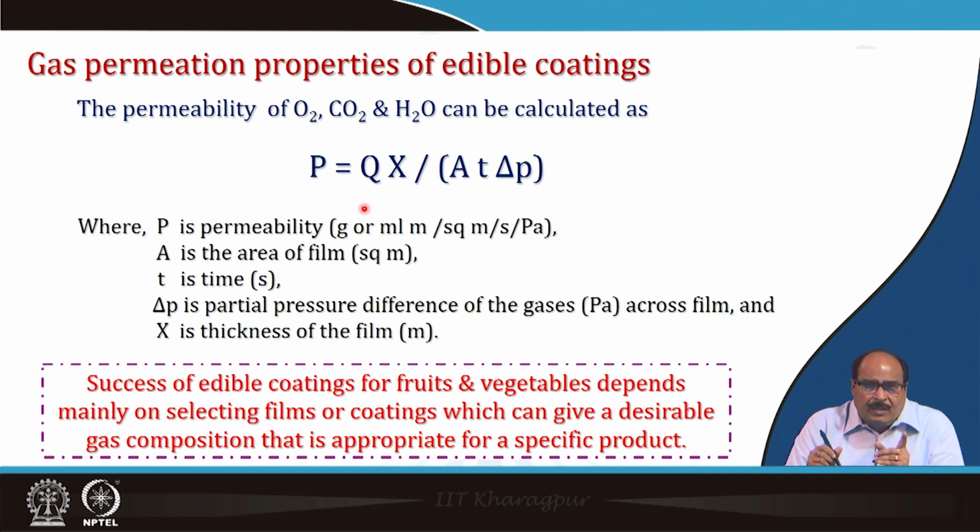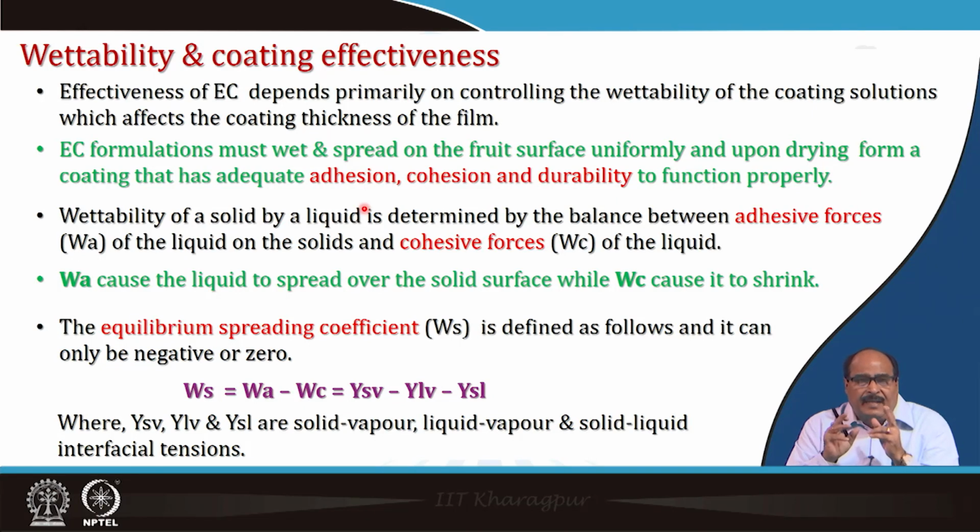The success of edible coating for fruits and vegetables depends mainly on selecting films or coatings which can give a desirable gas composition that is appropriate for a specific product. And there are two very important characteristics here: wettability and coating effectiveness.